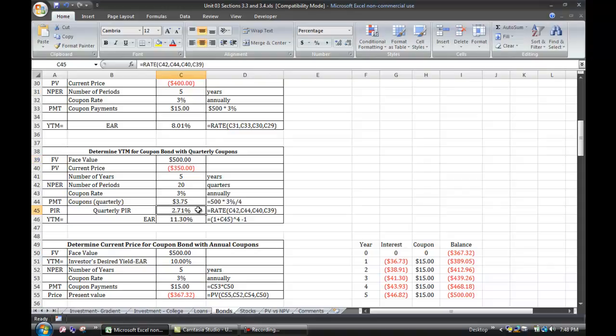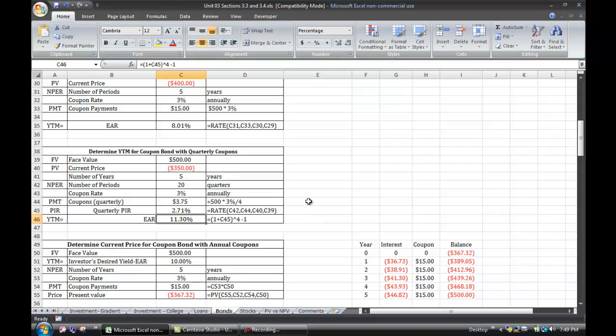That gives you 2.71%, the quarterly periodic interest rate. To get the EAR, which is the yield to maturity, we can use our equation. 1 plus that 2.71% to the 4th power minus 1 comes out to be 11.3%.